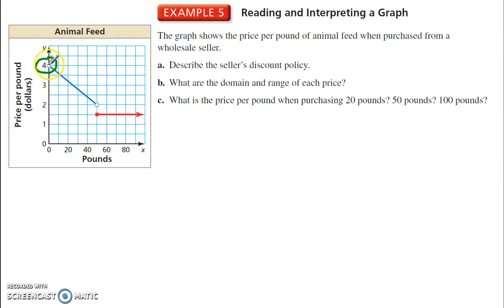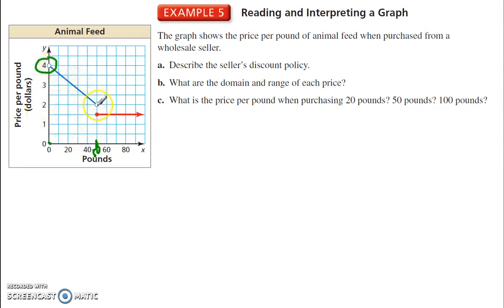Now notice that this is an open circle because it's not if you buy 0 pounds. But immediately after the first few pounds, it starts at 4, and then at a constant rate it decreases until you get to 50 pounds. Okay, right there's 50. Those are significant numbers in this case.